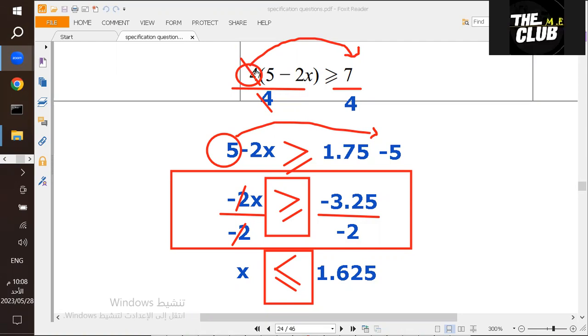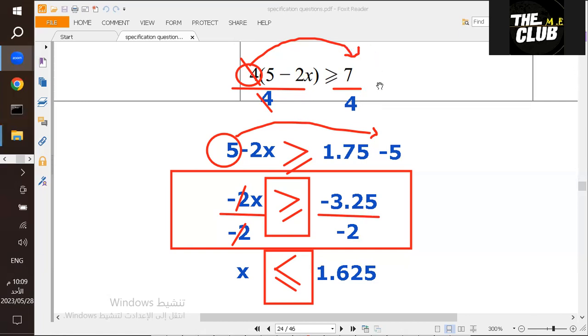This one's going to be 20. This one's going to be negative 8x. And then 20, you take it to the other side by negative 20. So 7 minus 20 is going to be minus 13.